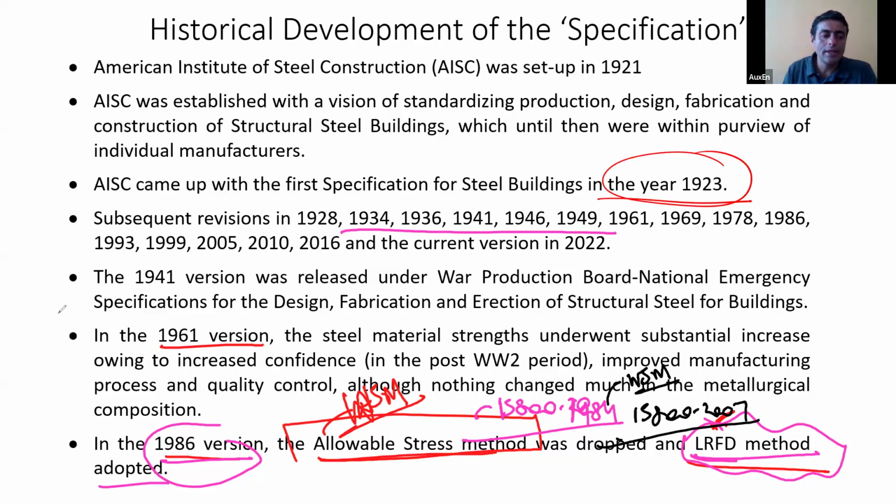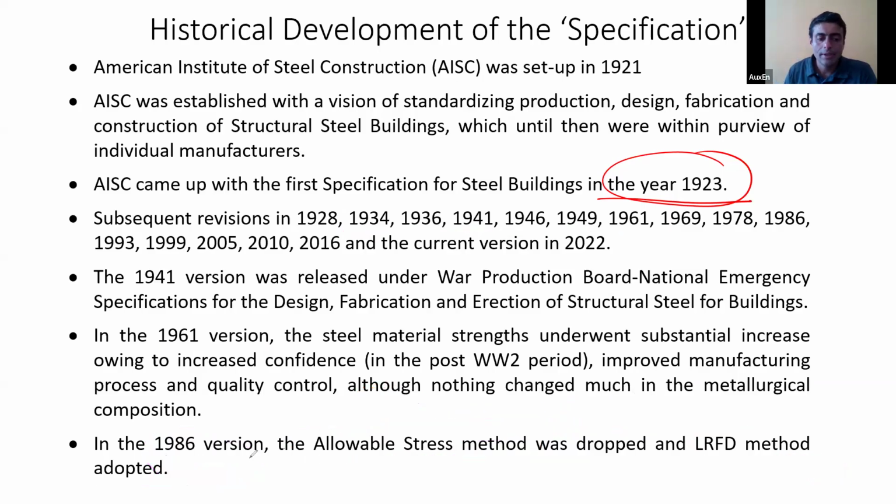Similarly in the AISC this also happened: in the 1986 version, they made the shift to the LRFD. And now in the present code, they have included both the LRFD and the allowable strength design.